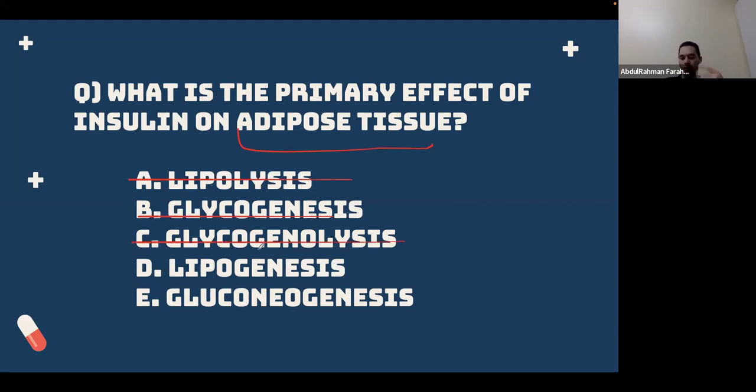Glycogenolysis does the opposite, it builds. And there wouldn't be gluconeogenesis, there would be glycogenolysis. So the answer would be lipogenesis. So there will be buildup of lipids in the adipose tissue. Does that make sense?